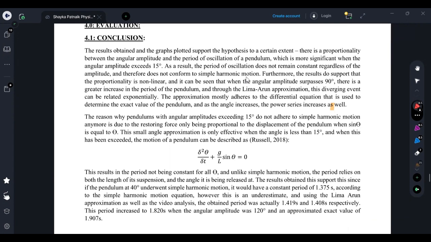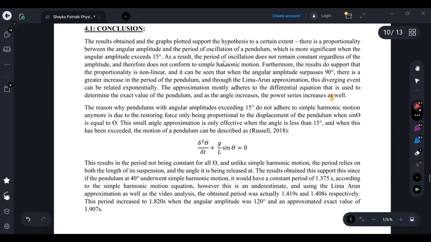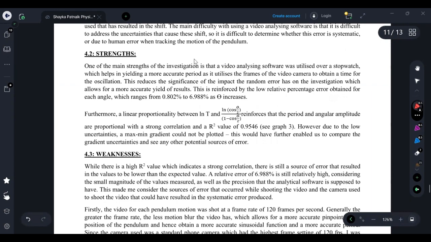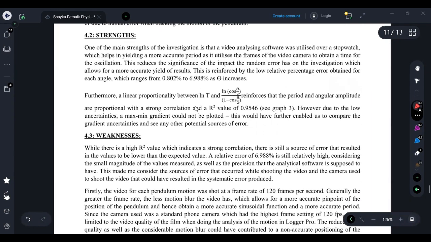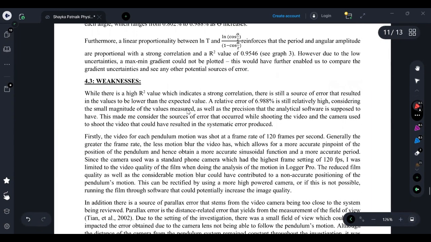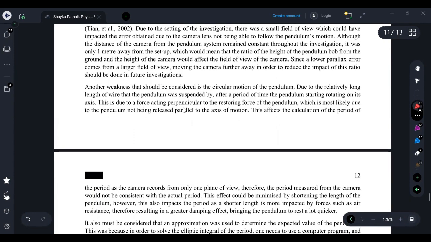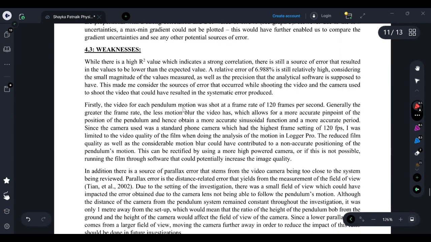You also have to identify a possible solution for these problems. And this is what you talk about in your evaluation. So in your main evaluation, you want to talk about your strengths, your weaknesses, and the problems in your methodology that you can improve on.